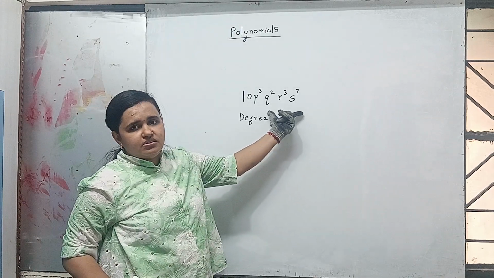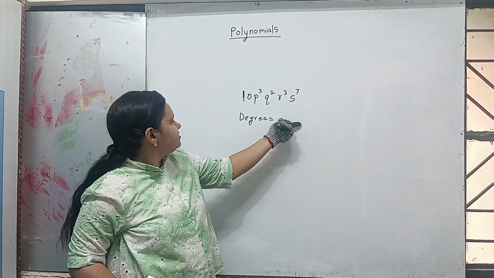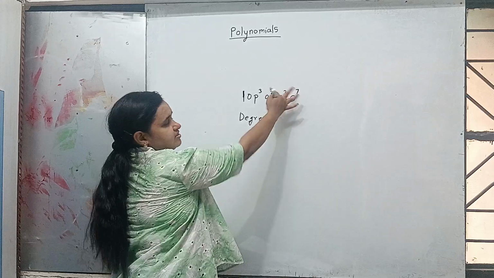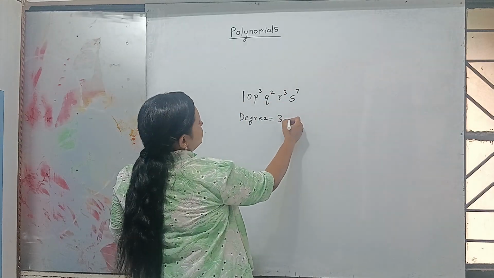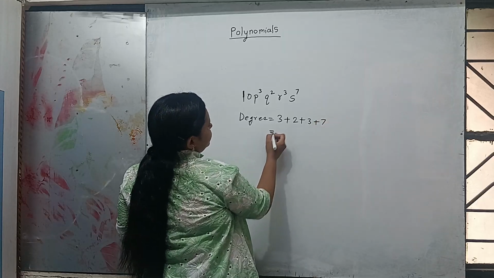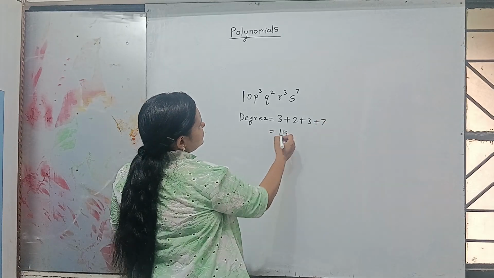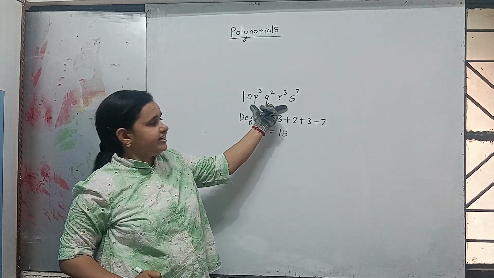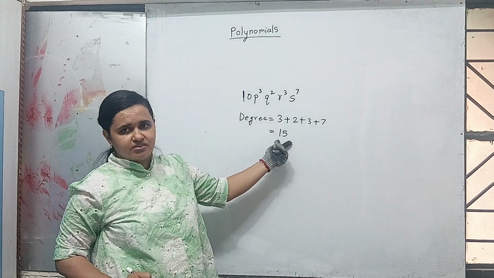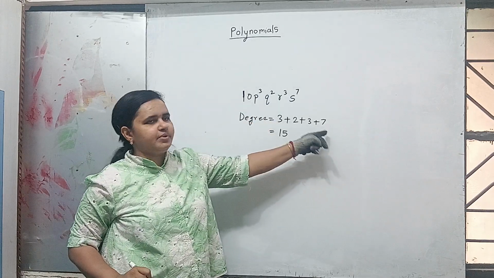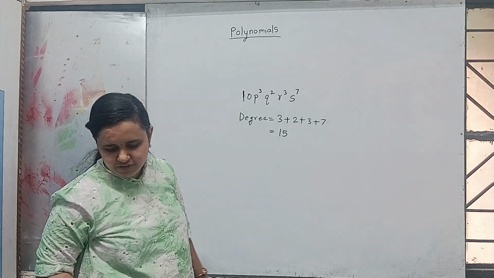It is a monomial. So how is degree calculated? Degree is calculated by adding these powers. 3 plus 2 plus 3 plus 7. What will we get? We will get degree as 15. So the degree of this polynomial, that is, the monomial, is 15. We can get it by adding these powers. 3 plus 2 plus 3 plus 7 is 15. So degree will be 15.